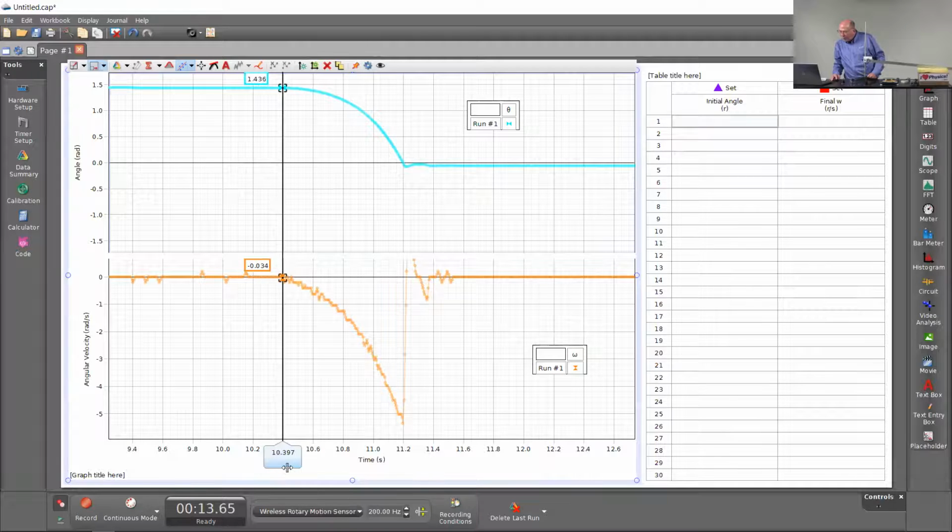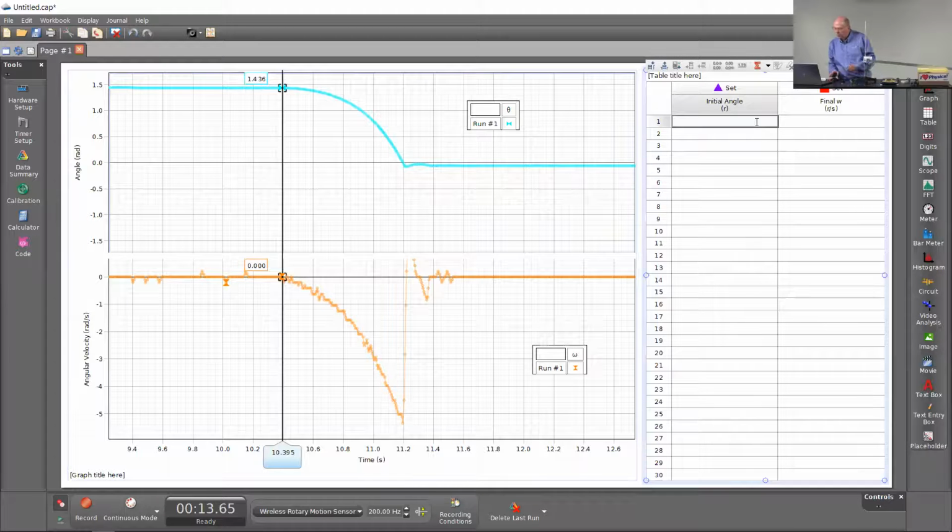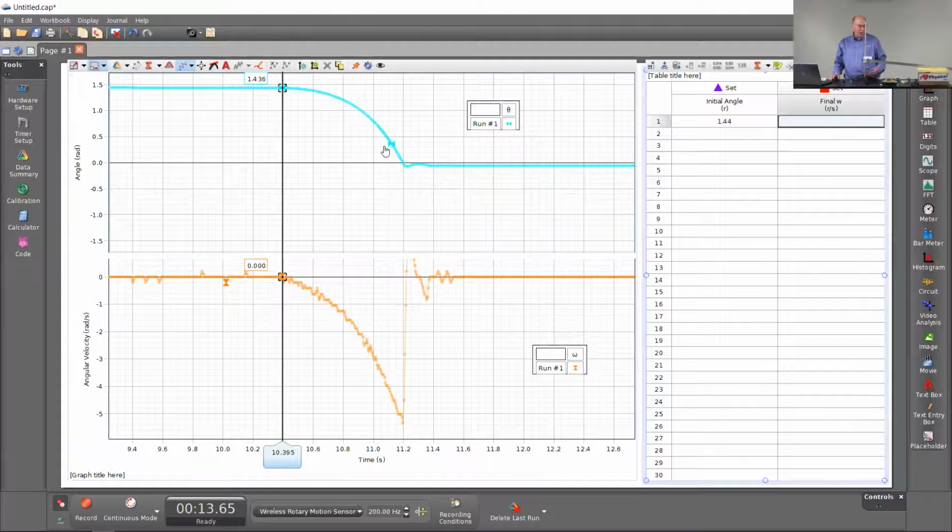So I find when it looks like it first started to move, and the angle there was 1.436 or 1.44. It is pretty accurate, but probably not quite that accurate. So 1.44 is good.